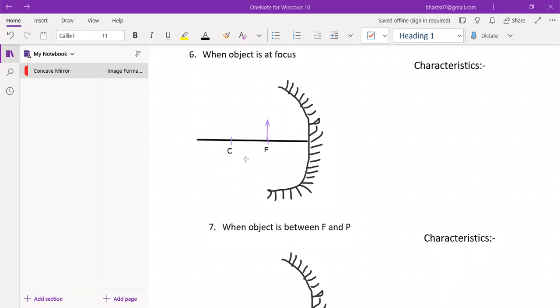Let us see what happens when the object is placed exactly at the focus point. So as you can see, the purple arrow, it is the object. This is the first ray. And this is the second ray. The red arrows are the rays.